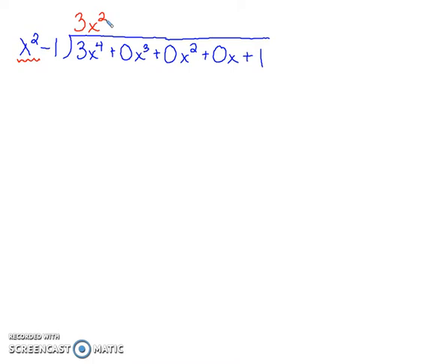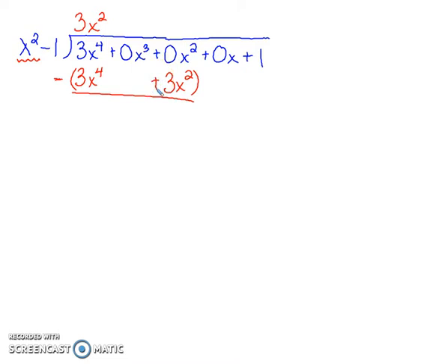So 3x squared times x squared is 3x to the fourth. 3x squared times negative 1 is negative 3x squared. Now, if you remember long division with numbers, the stuff that you wrote down here is then subtracted all the way through. So I find it helpful to change all of my signs so that I don't forget that I'm subtracting those things.